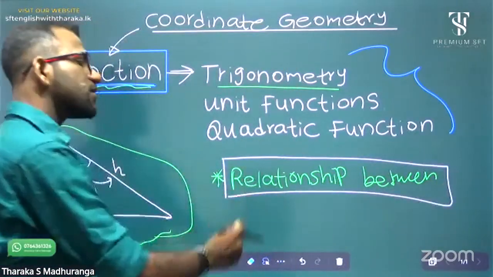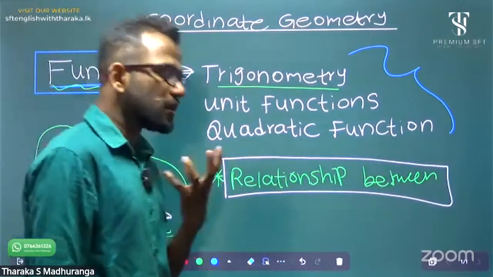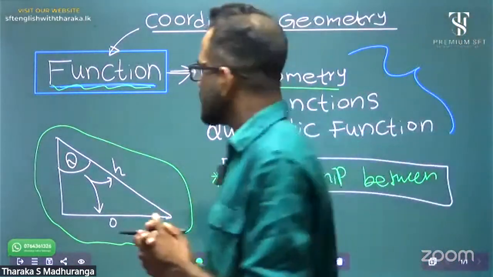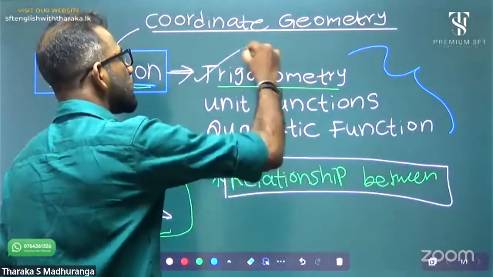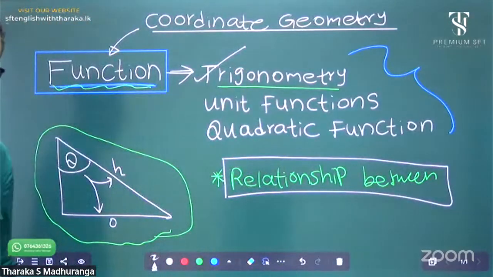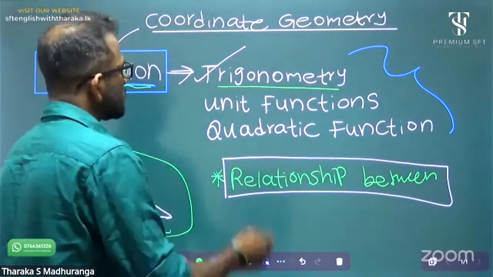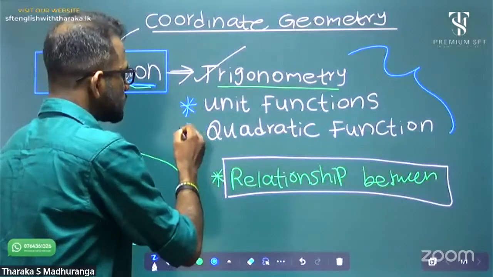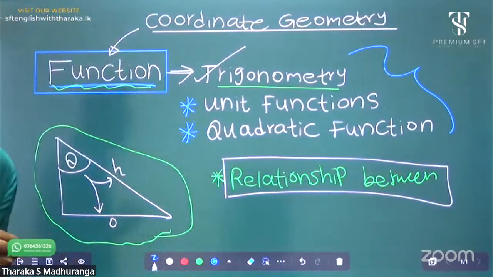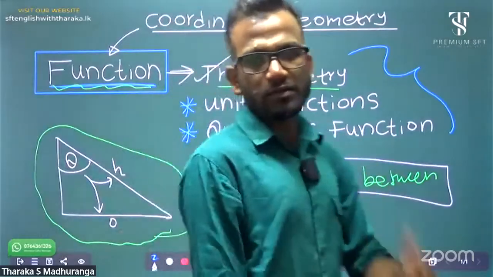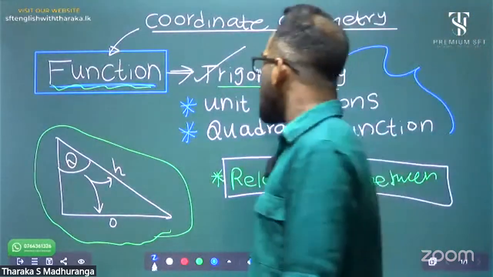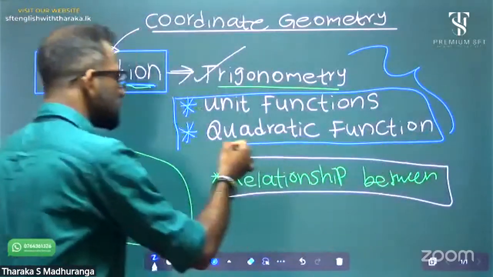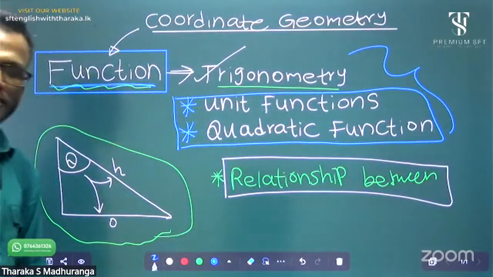In this lesson, coordinate geometry is the main area of mathematics that discusses functions. Trigonometric functions we already discussed in the trigonometry lesson. Therefore, in this lesson, we mainly discuss unit functions and quadratic functions. Understood the basic background?